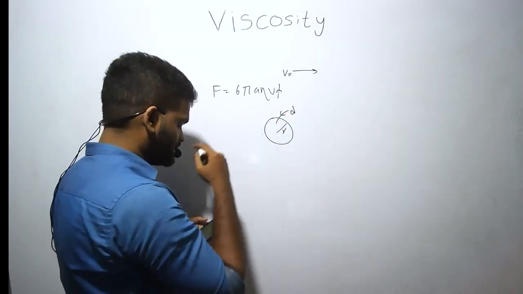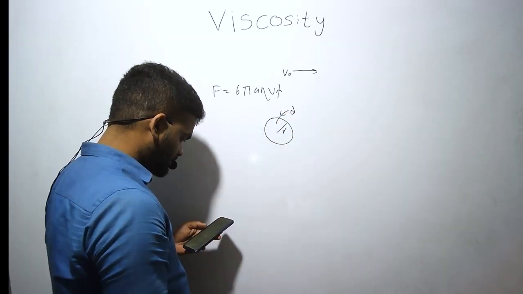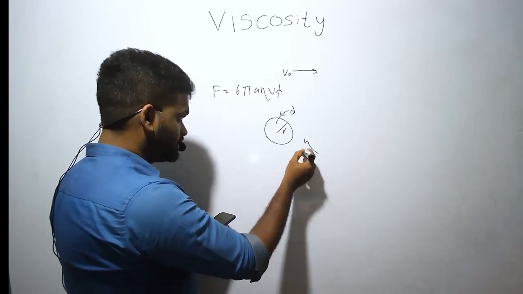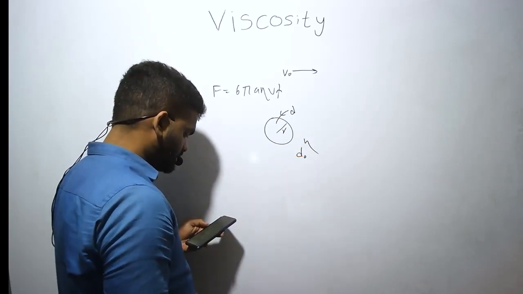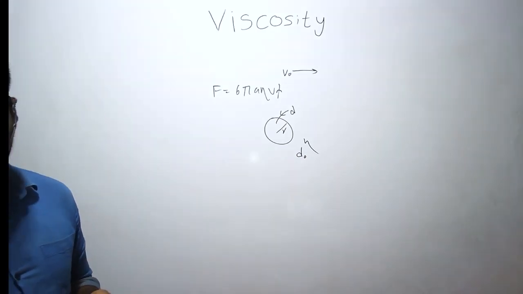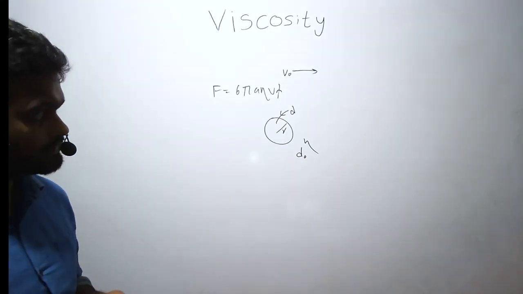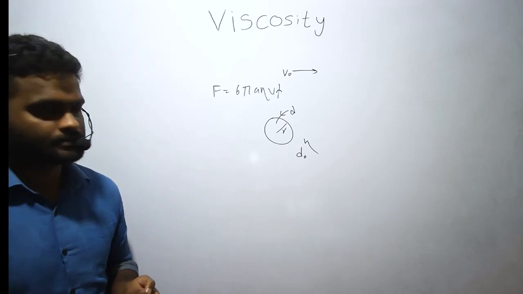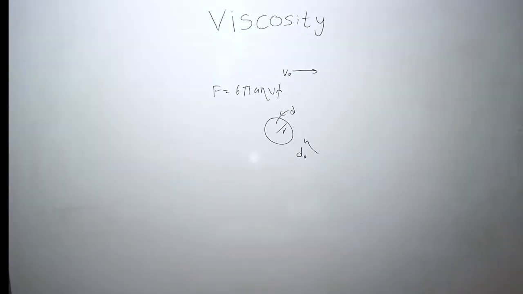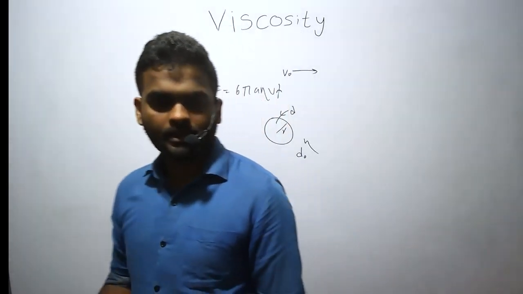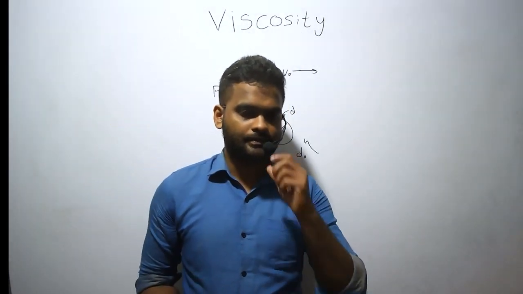Radius r, density d, density of liquid d naught, maximum acceleration, or the initial acceleration. So initially there's no velocity, right?